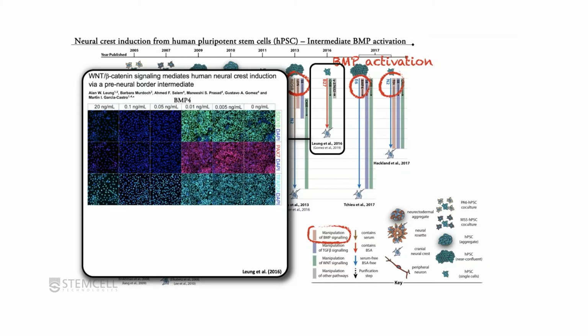If between 20 nanograms and 0.05 nanograms per mil of recombinant BMP4 are used, then SOX10 and PAX7 aren't expressed, and only AP2 alpha, which is also associated with non-neuroectoderm characteristics, is seen. Similarly, though, if they treated cultures with the BMP antagonist noggin, then neural crest induction is also perturbed. So these two facts together suggest that actually a degree of BMP signaling already exists within the culture that's permissive for neural crest induction.